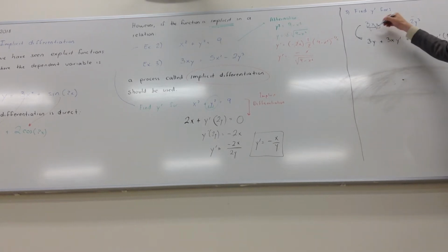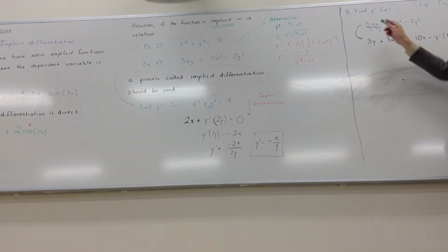Remember? This is F, this is G, so the derivative is F prime G plus F G prime. So y is always going to be a single term in this one. 3x derivative is 3 times y plus 3x times derivative of y, y prime.